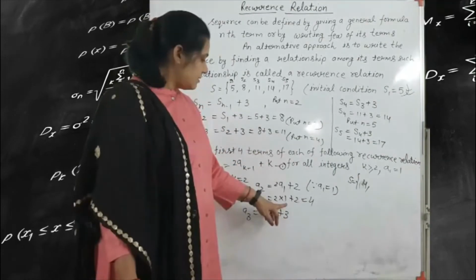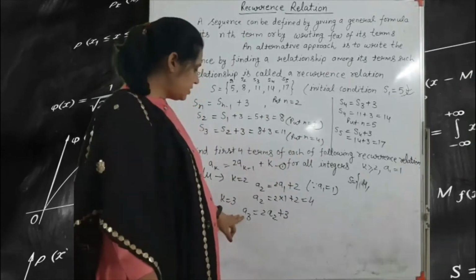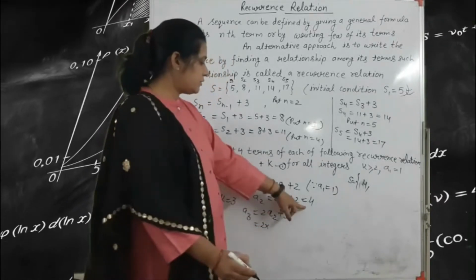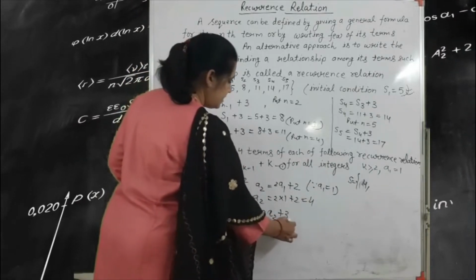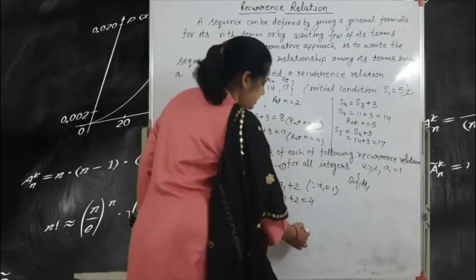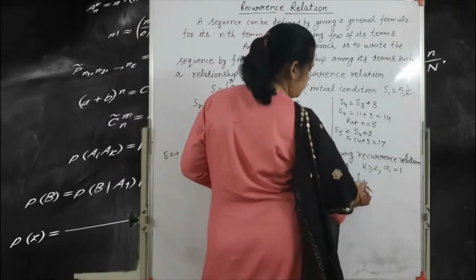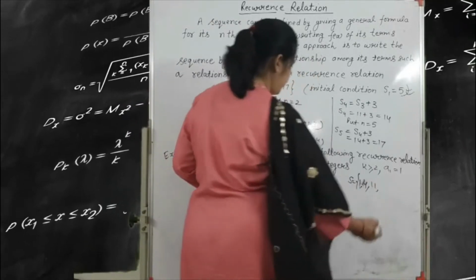Okay, the value of a_2 is 4, so a_3 = 2 × 4 + 3, that means 8 + 3 = 11. So our values are: first value 1, second value 4, third value 11.